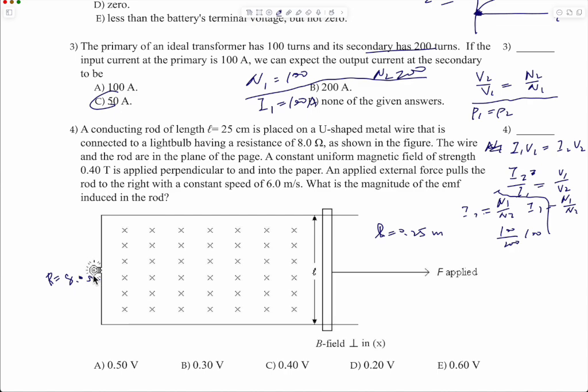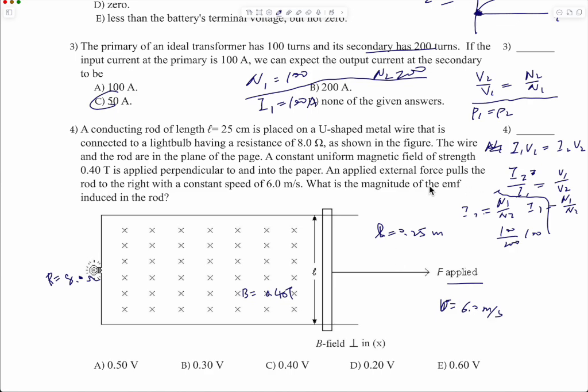The wire and the rod are in the plane of a constant uniform magnetic field, B equal to 0.4 tesla, applied perpendicular. An applied external force pulls the rod to the right with a constant speed V equal to 6.0 meters per second.